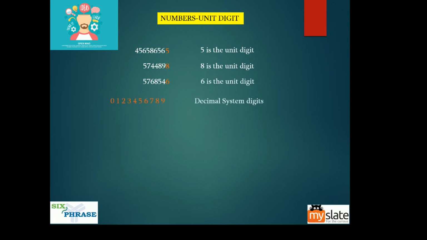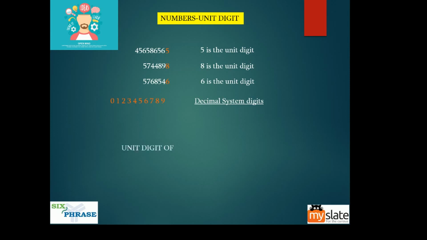Now, if you take digits from 0 to 9, which is called decimal system digits, you will find different unit digits for different numbers. Okay. So, we are going to look at what the unit digit is for specific digits. And I want to give you a feel of how questions will be under unit digits.